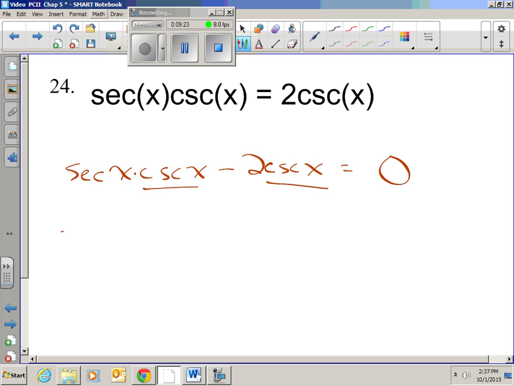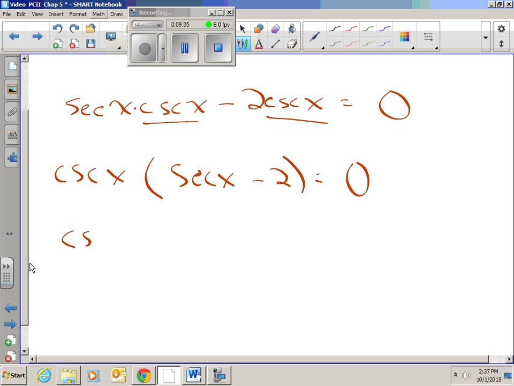So I'm going to have a cosecant x times secant x minus 2 is equal to 0. So now cosecant x is equal to 0, or secant x is equal to 2.